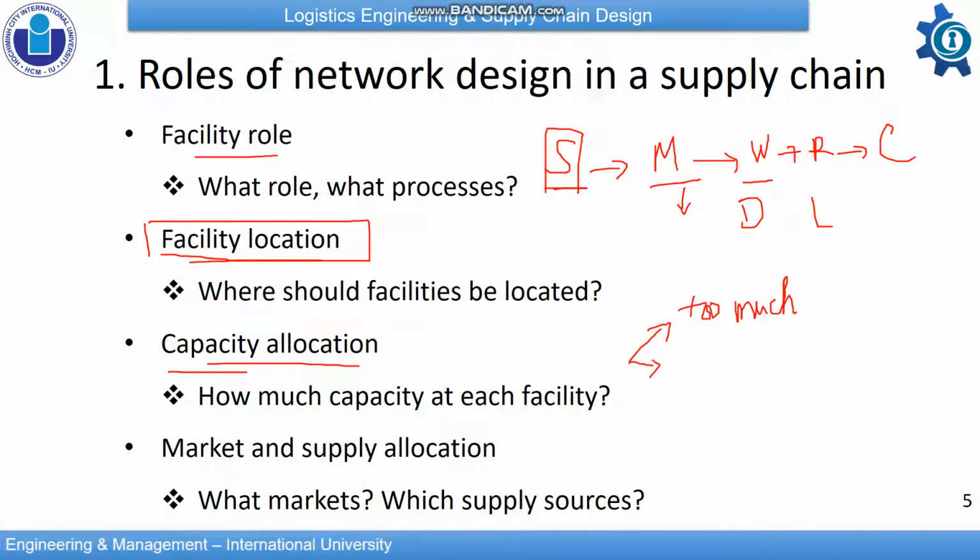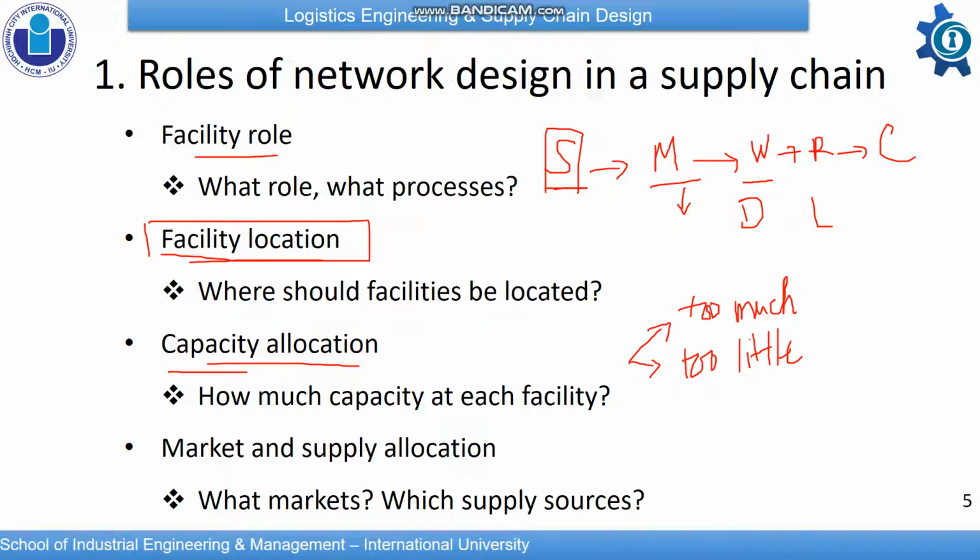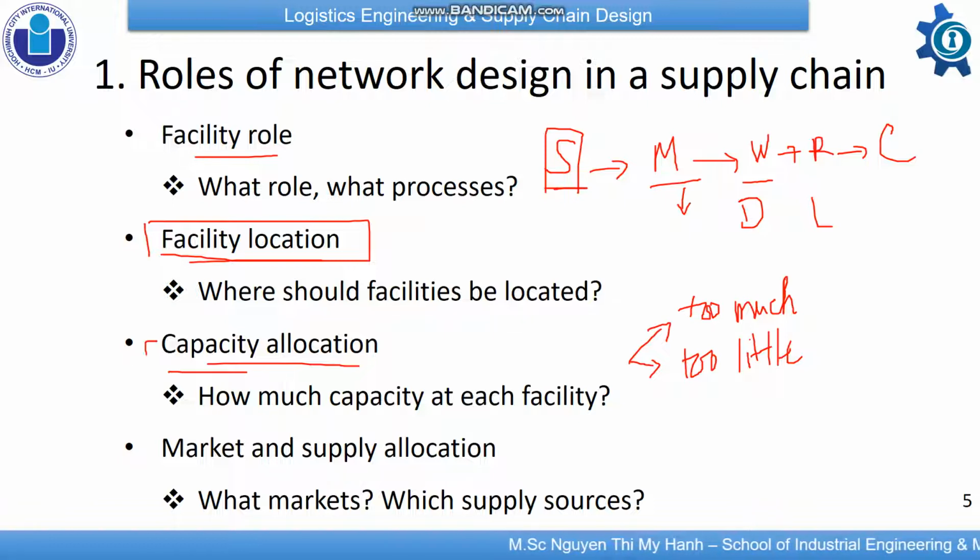But if you allocate too little capacity to a location, it will result in poor responsiveness if the demand is not satisfied, or if the customer is far from the facility, the transportation cost will increase. That's about capacity allocation.